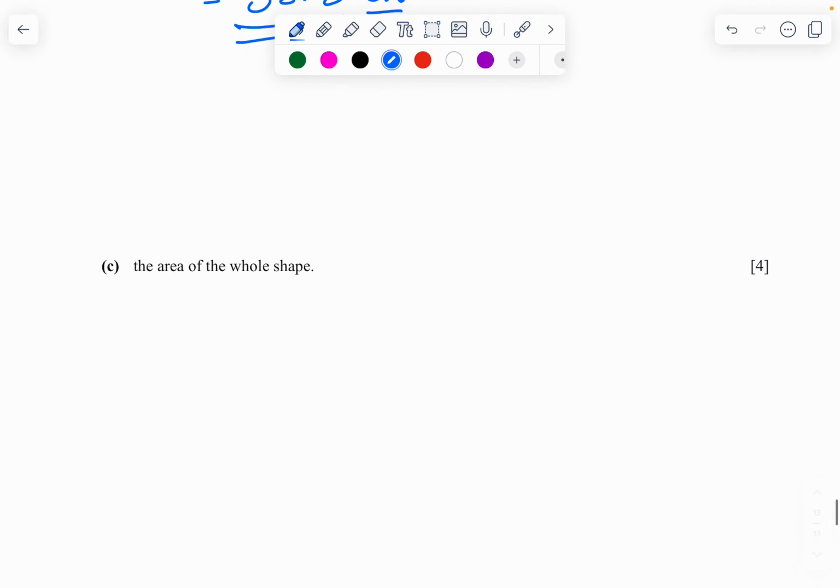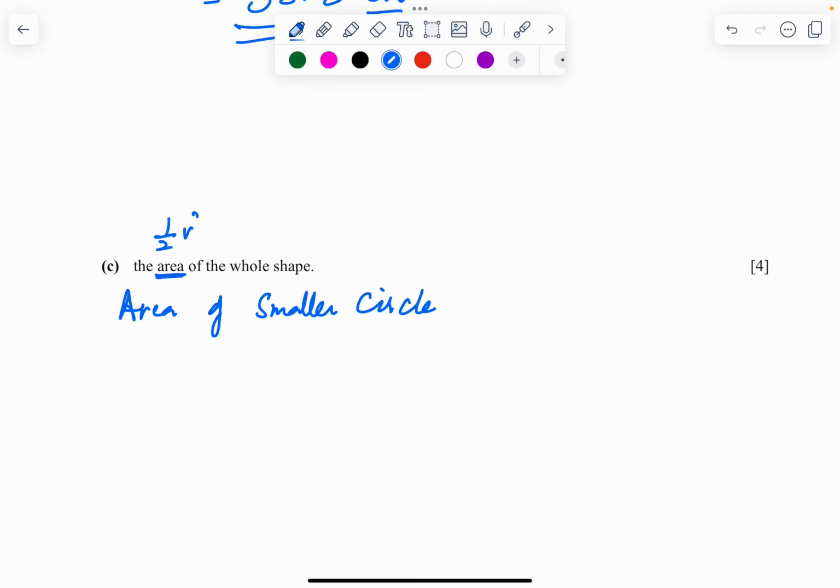So first, area of the smaller circle. Okay, so let me remind you what is the area of a sector formula. Half r square theta. Okay, so half times r square.